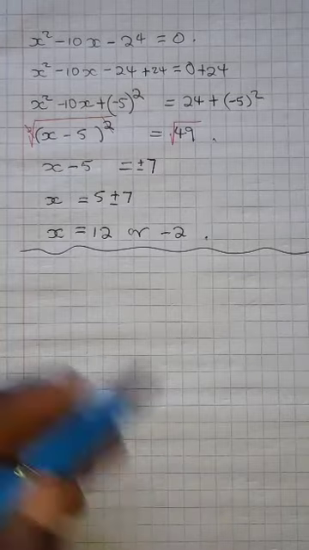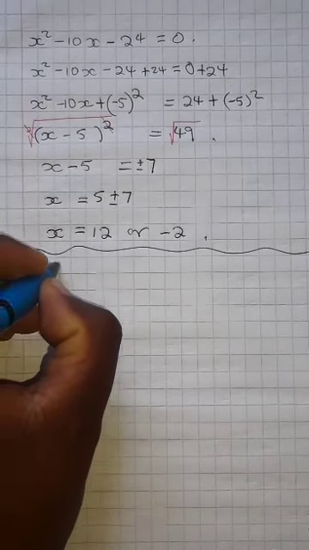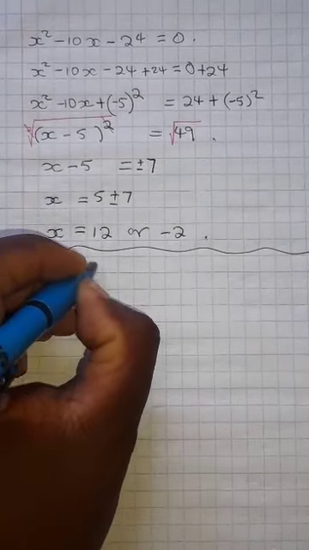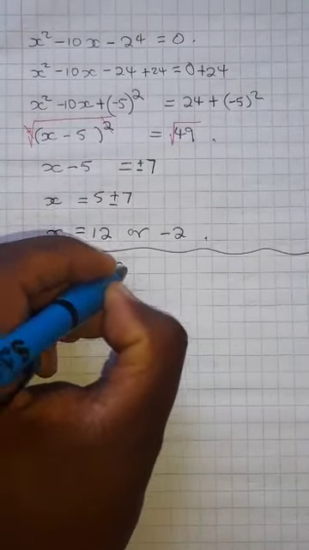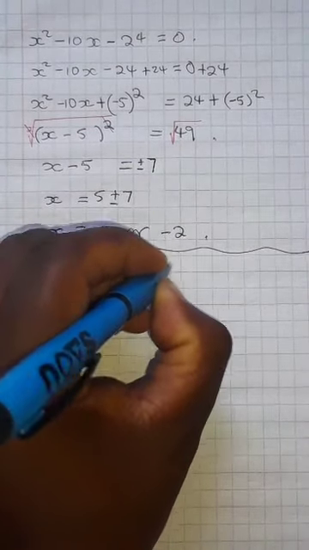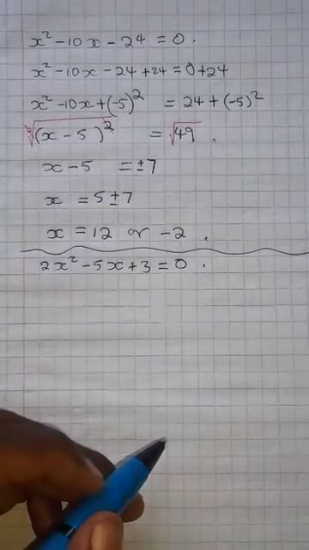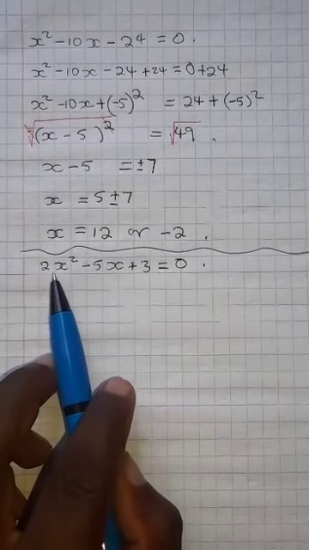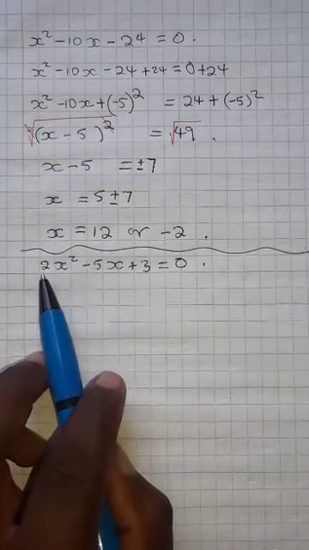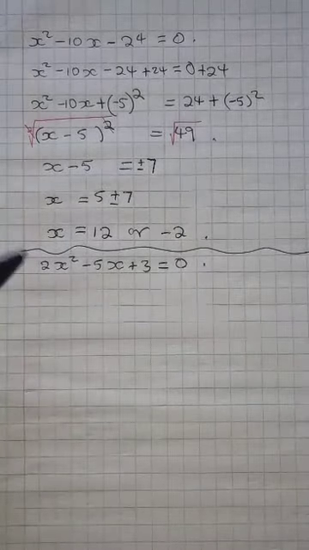Let's look at another one: 2x squared minus 5x plus 3 is equal to 0. This one is slightly different. The leading coefficient, the coefficient of x squared, is not 1. It was 1 before, but this time it's not.